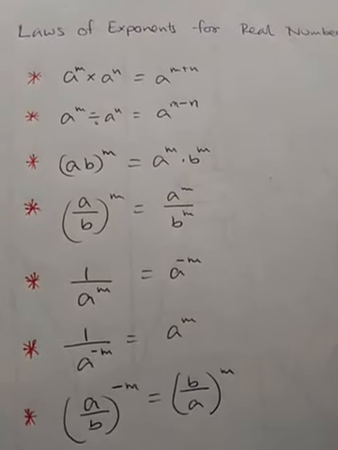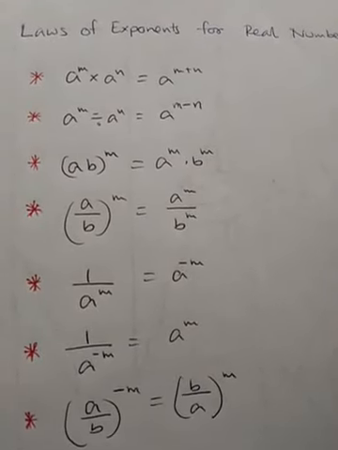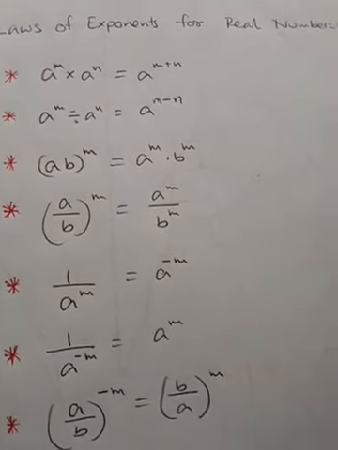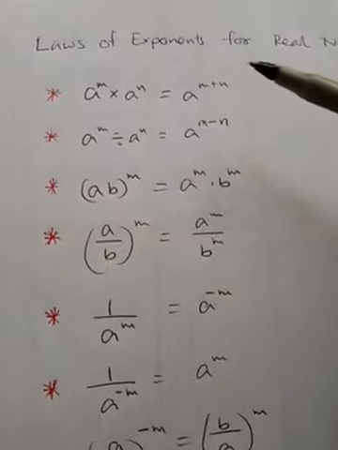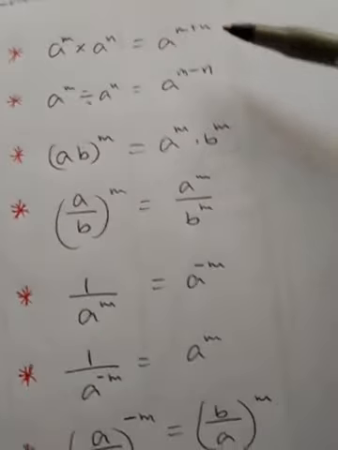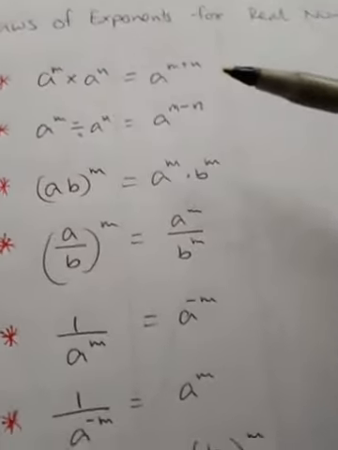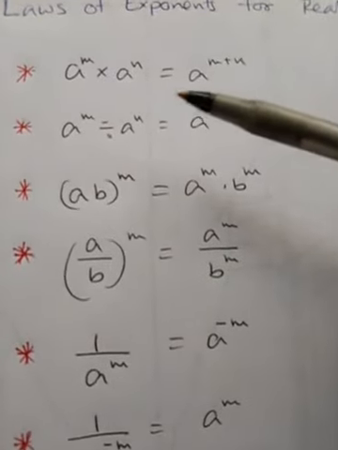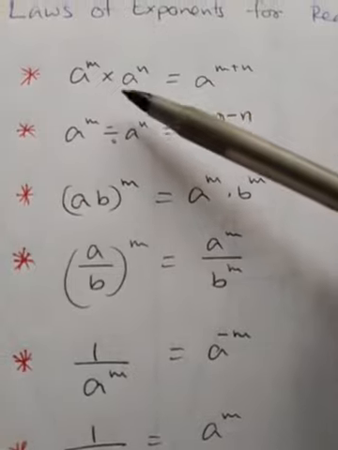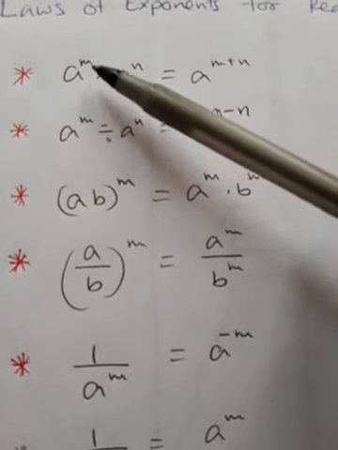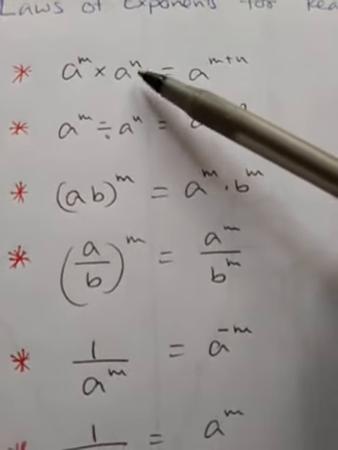Next we'll discuss a few laws of exponents for real numbers. Here these identities you might have got in earlier classes, but once again we'll discuss them because they will be required for simplification here. First of all, you can see a to the power m into a to the power n.